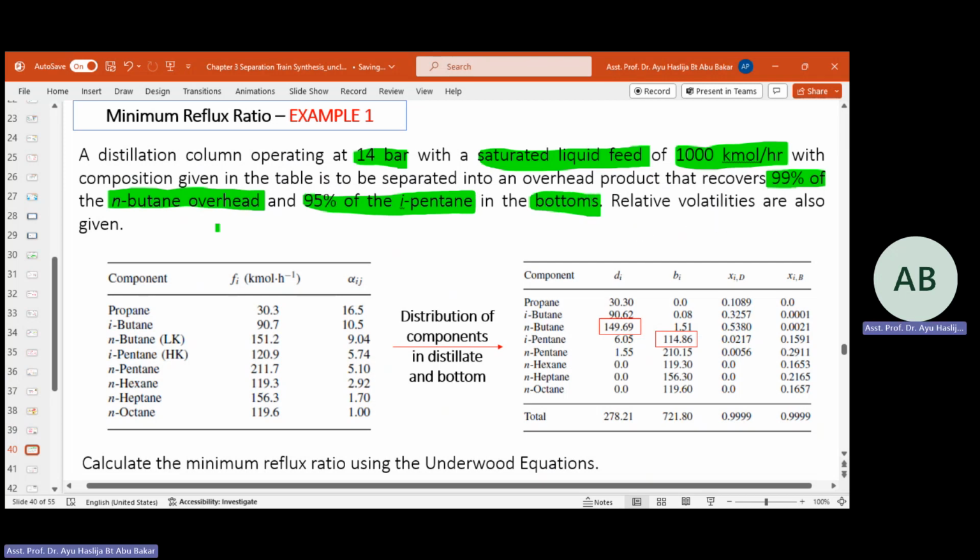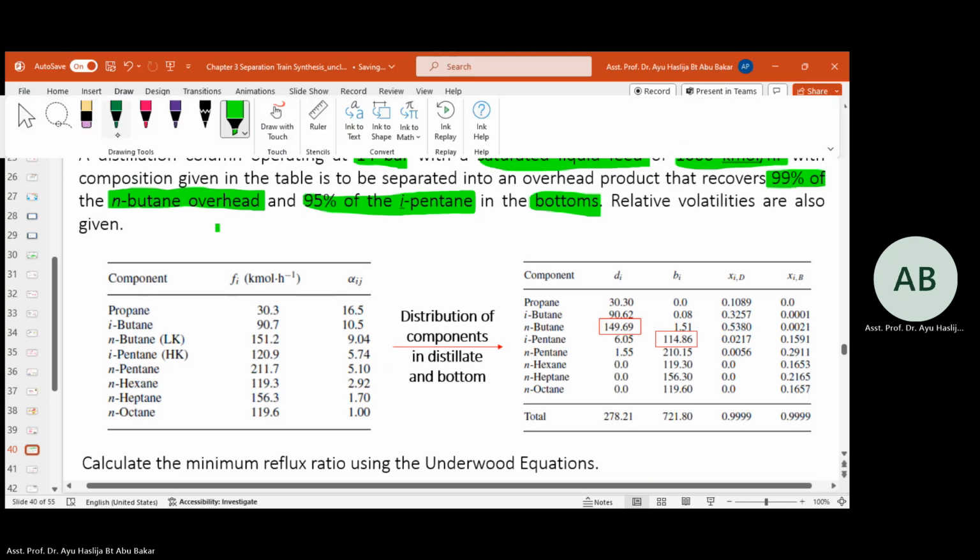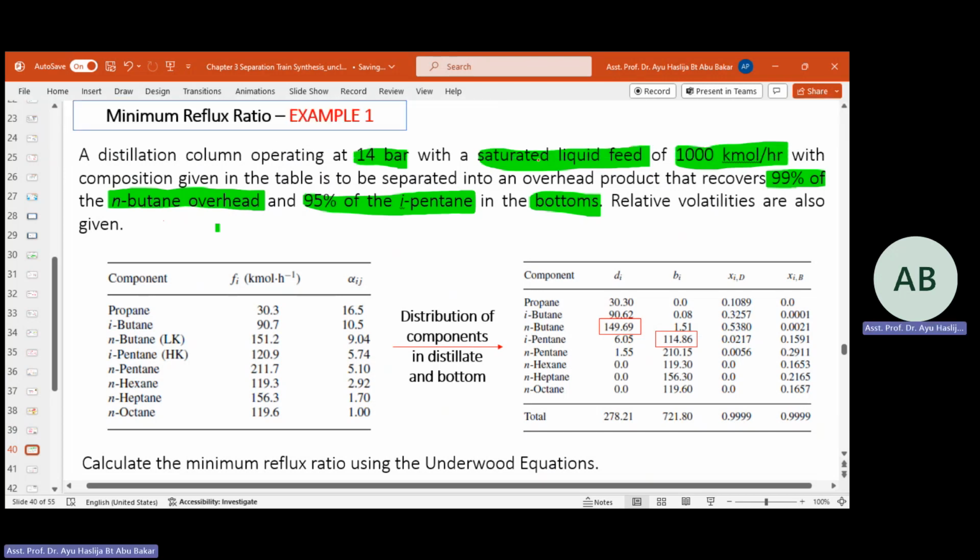Relative volatilities are given. So you have here a saturated liquid feed, 1000 kmol per hour.